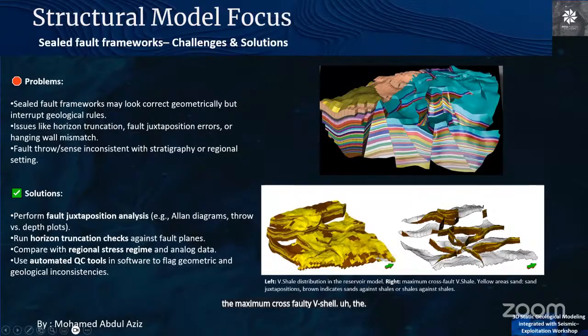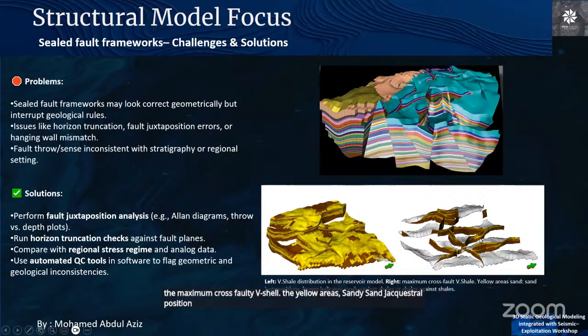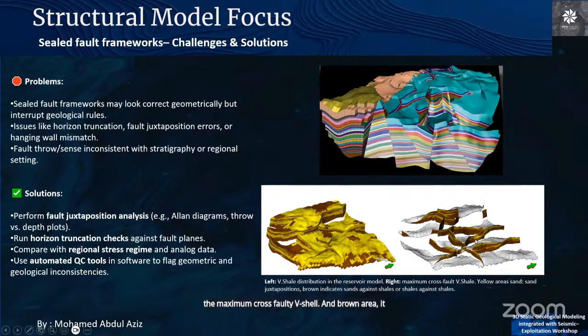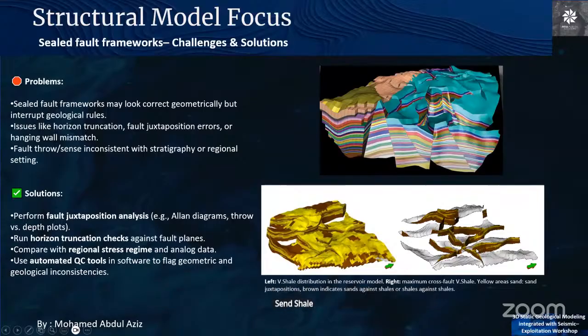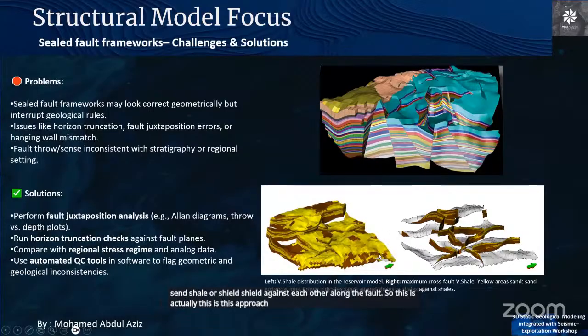The yellow areas indicate sand juxtaposition, and the brown areas indicate sandy shales, which is very important for fault seal analysis: sand against shale, or shale against shale, along the fault plane. This approach we will also discuss more in our course.